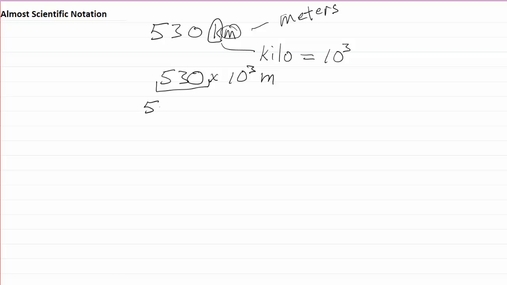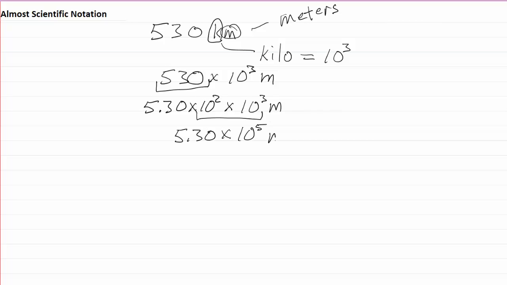If I write it as 5.30 times 10 squared, that's the 530. Now I've still got times 10 to the third meters here, and so now I combine these two parts and I'd have 5.30 times 10 to the fifth meters.